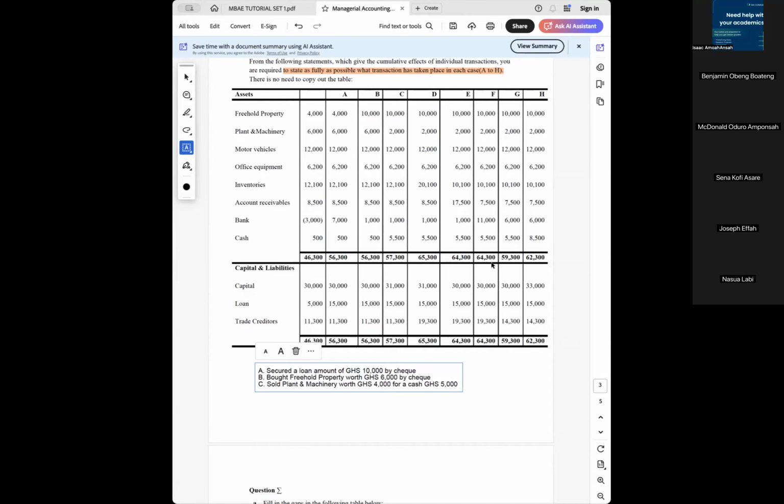One transaction that is written together would have a double effect. So we may divide that transaction into two, A and B, right? It is very difficult for us to pick A here and interpret it to mean two transactions.